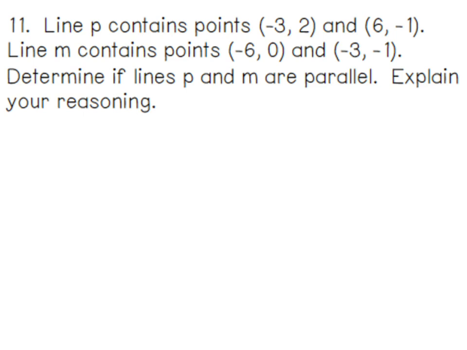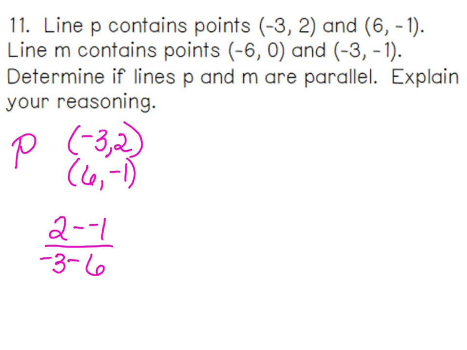These two lines, you have two lines. One line contains these points. The other line contains these points. We want to determine if their slopes are parallel. And again, I just gave out the word, so we just need to calculate the slope. Well, slopes are found by subtracting y's and subtracting x's and coming up with a fraction.